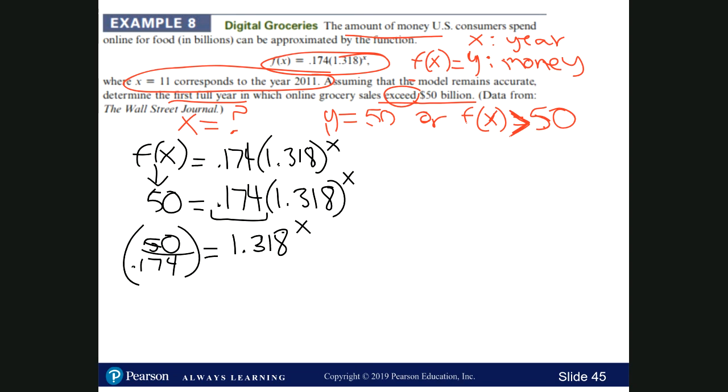And so now we're going to take the exponent across. I'm sorry, no. I'm getting ahead. We're going to take the natural log on both sides.